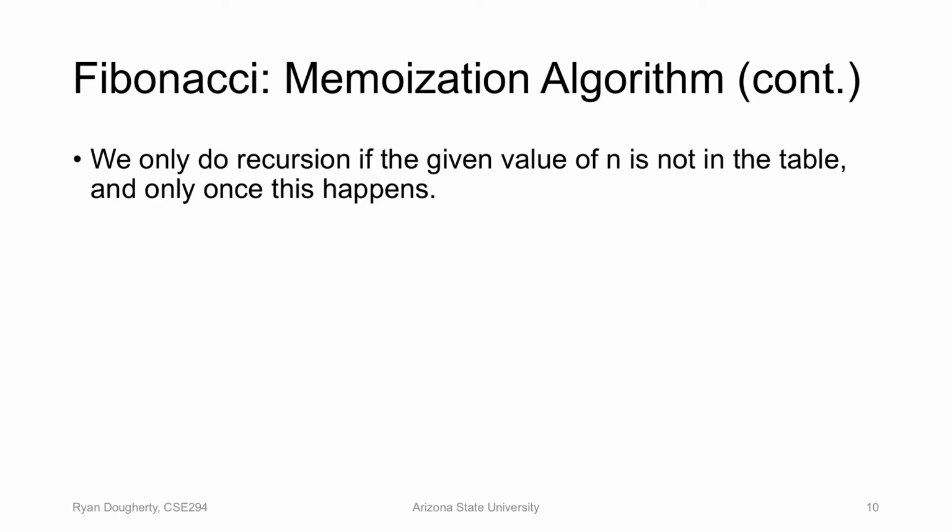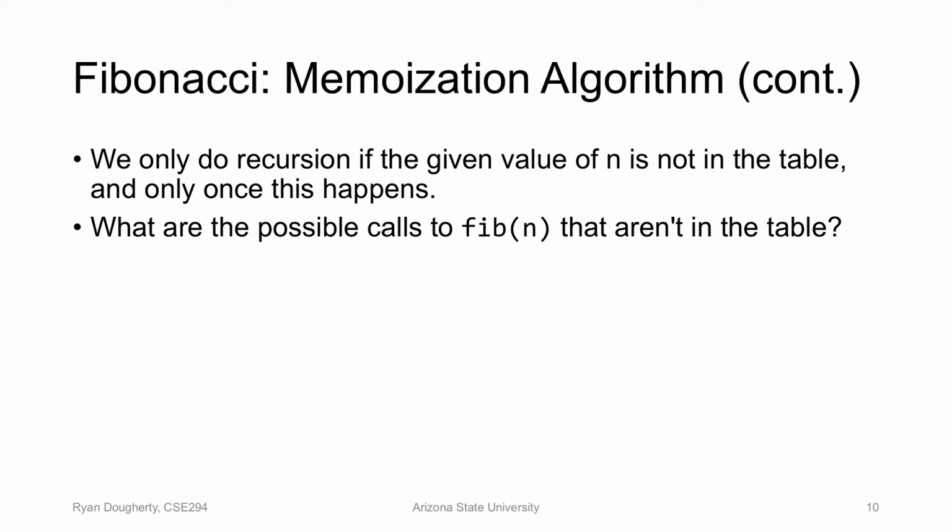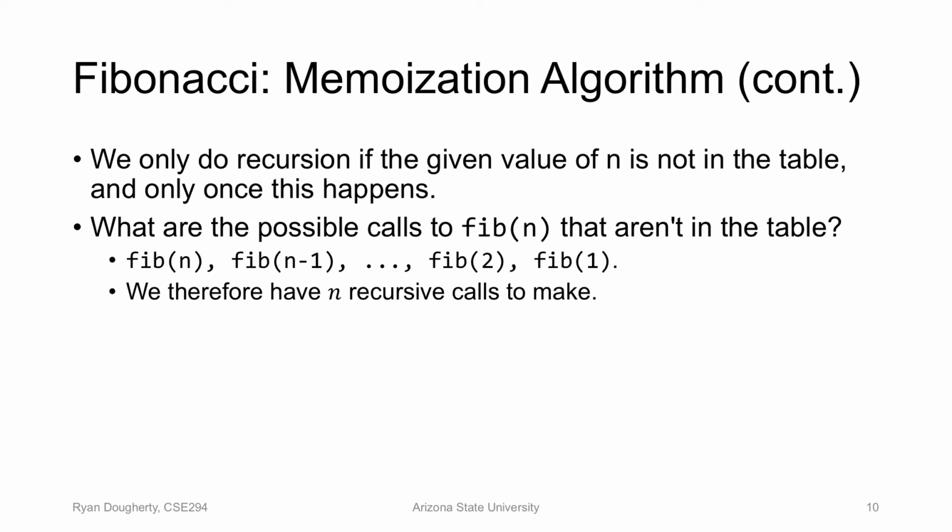Since I've already stored it, I only do this recursion one time. What are the possible calls? The ones that won't be in the table are fib of n to start with, n minus 1, n minus 2, all the way down. We only make n recursive calls because none of these will be called twice, because of that previous bullet point.